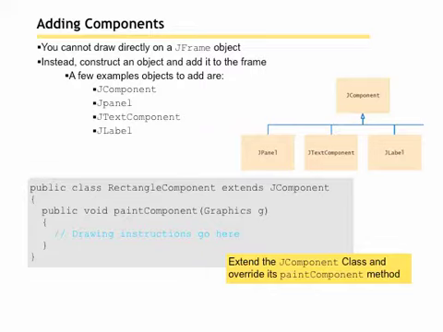We can add components. We can't draw directly on the JFrame object, but we can add components to the frame. A few examples of objects to add are JComponent, JPanel, that should be an uppercase P in panel, JTextComponent, and JLabel. You can extend the JComponent class and override its paintComponent method.